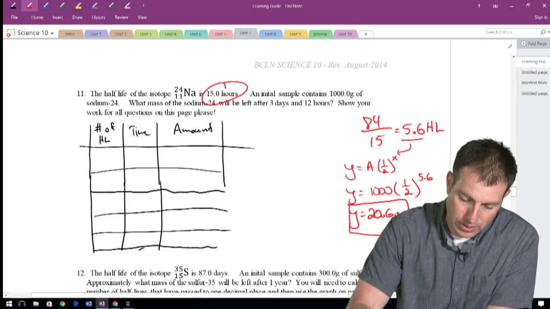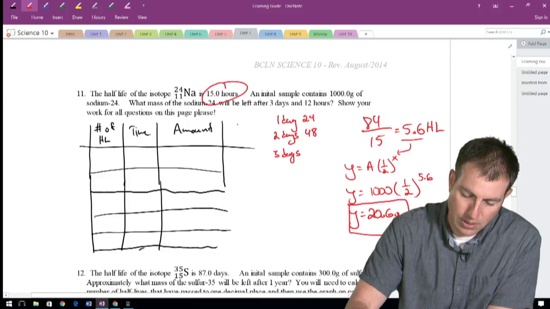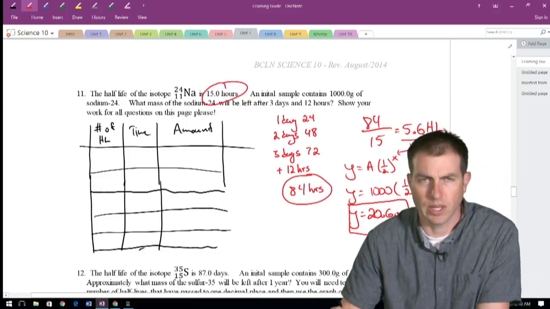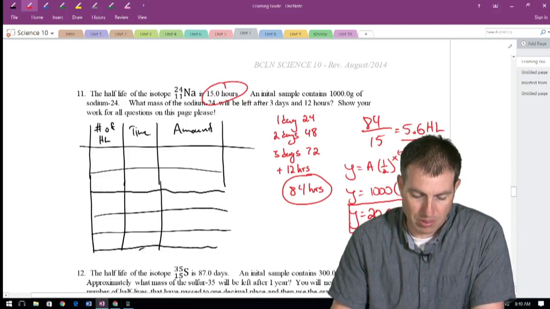So if I had 1 day, that's going to be 24 hours, 2 days, that's going to be 48 hours, 3 days, another 24, it's going to give us 72 hours, and then I have another 12 hours. So that's 84 hours in total. So that is the time frame I'm dealing with here.